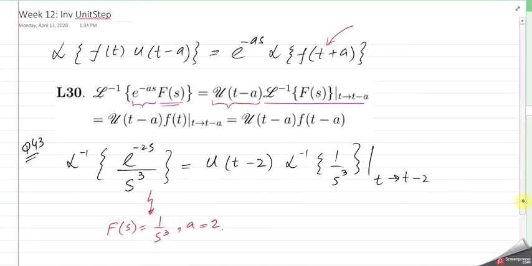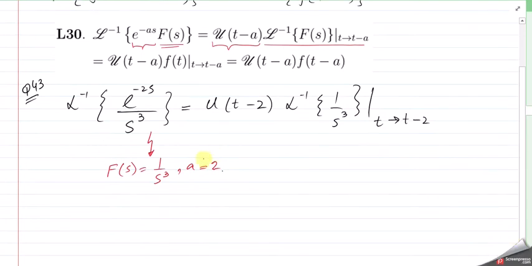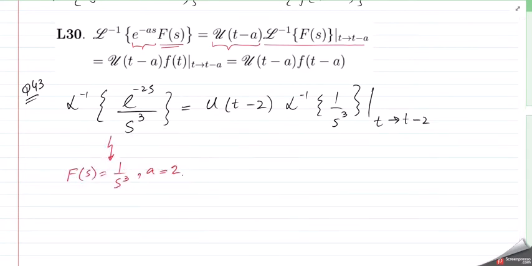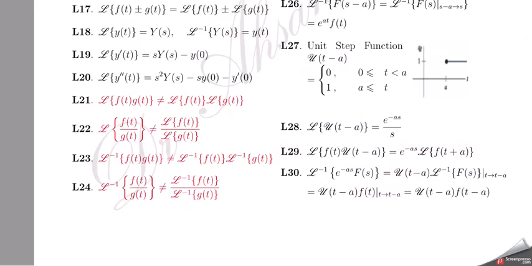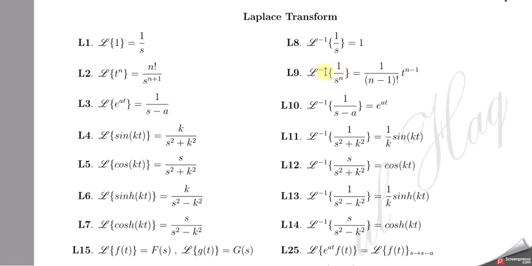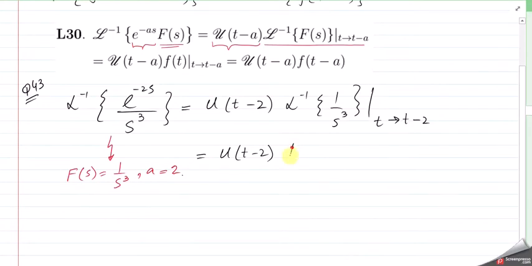Now u(t minus 2), we don't need to do anything about it. We have to do Laplace inverse of 1 over s cube. We put n equals 3, we get 1 over 2 factorial, t power 3 minus 1, which is 2. So that would be 1 over 2 factorial, which is t squared over 2.